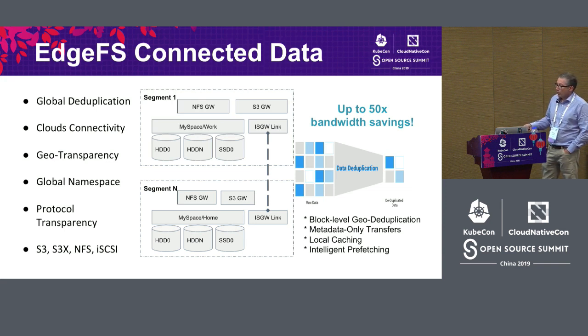Local caching. Obviously, when you're enabling just metadata, there is no data yet, so we have a local caching mechanism, which allows us to locally cache, then pin, unpin, and clone the data sets. And intelligent prefetching is also part of it. We do not wait for the IO to complete.